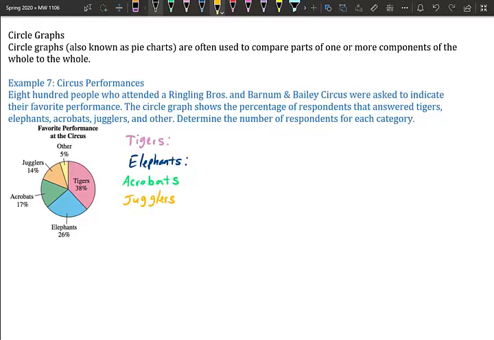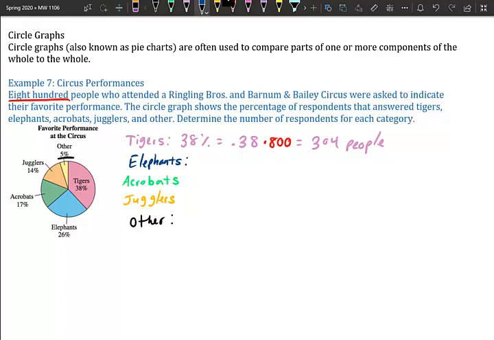I'm going to do other in black, but it actually is this one right here. Can't really see the yellow. Okay, so for tigers, it's 38%. So 38% is 0.38. So that means 38% or 0.38 of the total. So 800 liked tigers. So we're going to multiply by 800. So 0.38 times 800, and we get 304 people liked tigers.